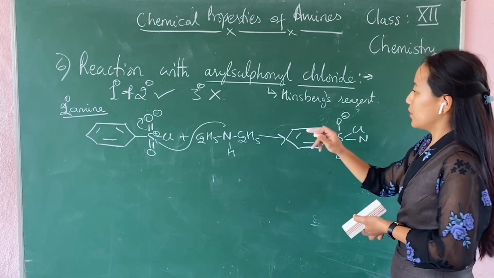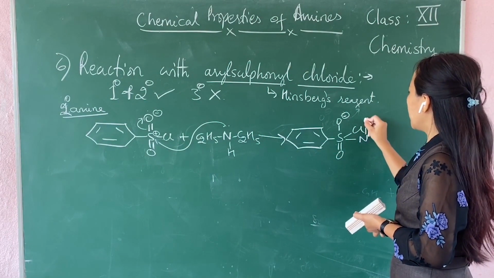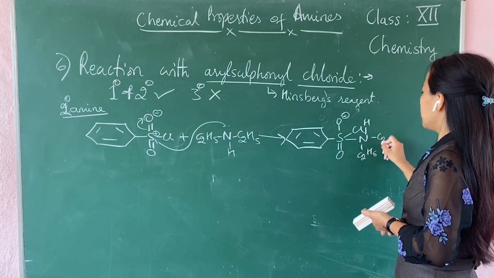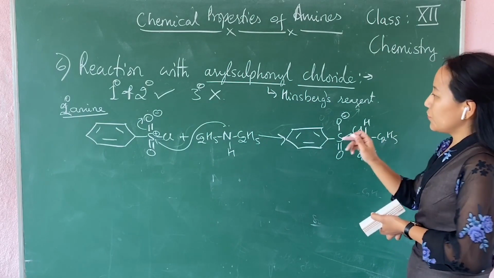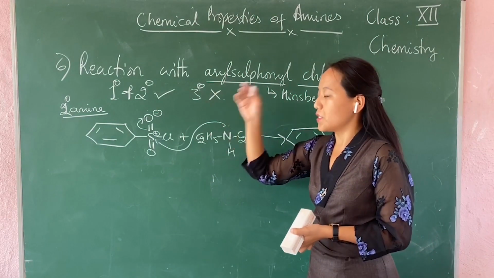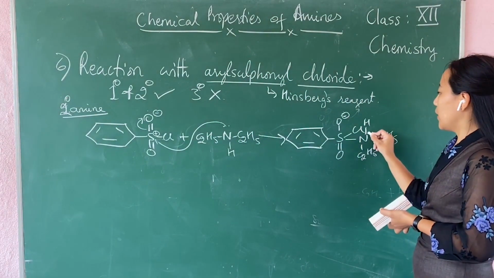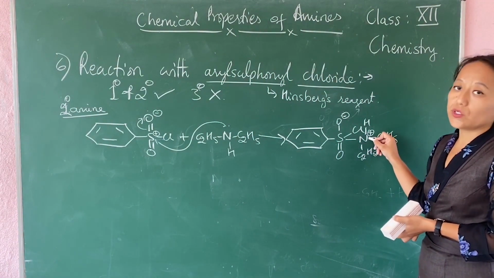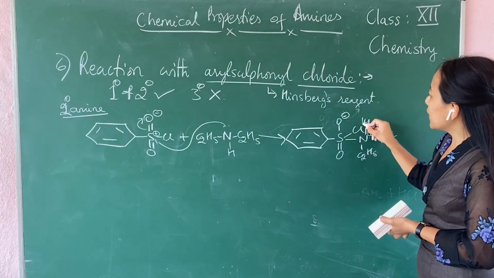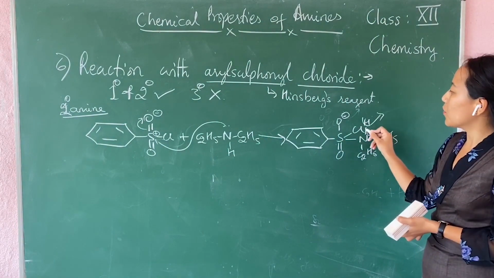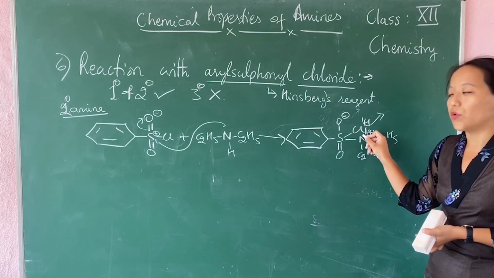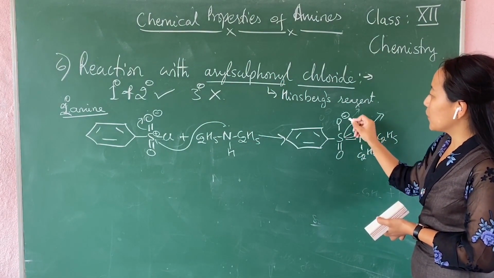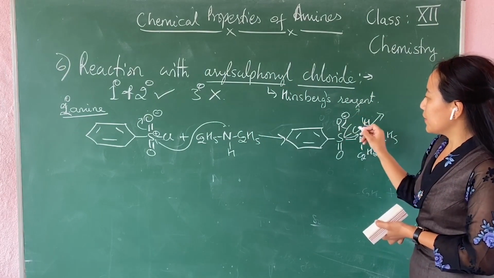So N, one hydrogen atom, I'll write it on the top, and then you have C2H5. Now nitrogen will get a positive charge because it is using its lone pair of electrons. Now in order to stabilize the positive charge on the nitrogen atom, this H will leave, and again these bonded electrons will sit in the form of lone pair, and this Cl will leave in the form of Cl minus because back bonding takes place.